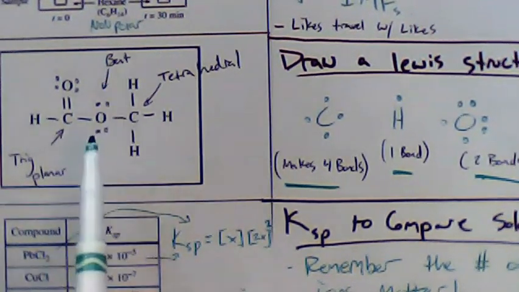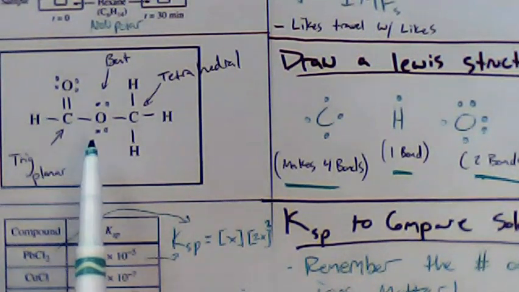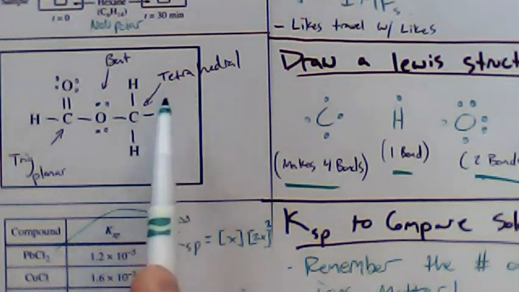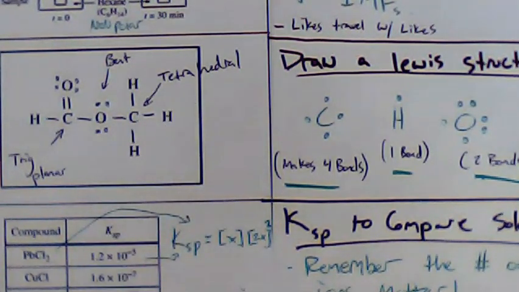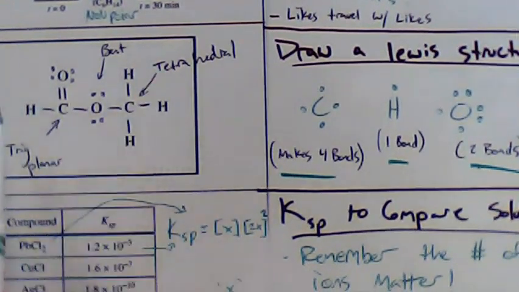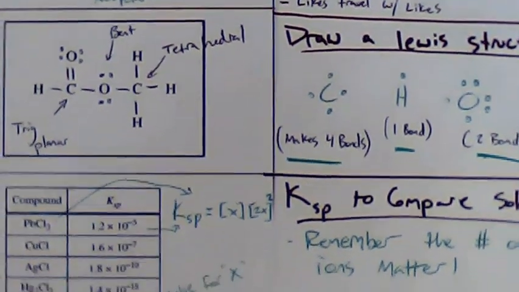This molecular shape for oxygen would be bent, but it would be tetrahedral for electron domain geometry. And this would be tetrahedral for both molecular geometry and electron geometry. This would be a polar molecule. No hydrogen bonding is happening here. These hydrogens are not connected to a fluorine, oxygen, or nitrogen.